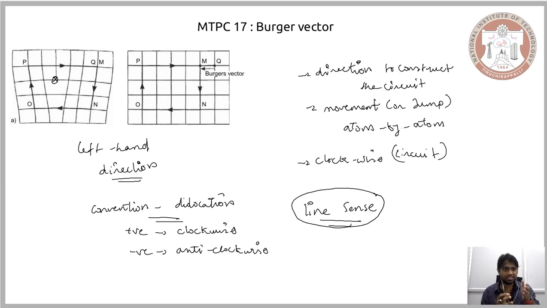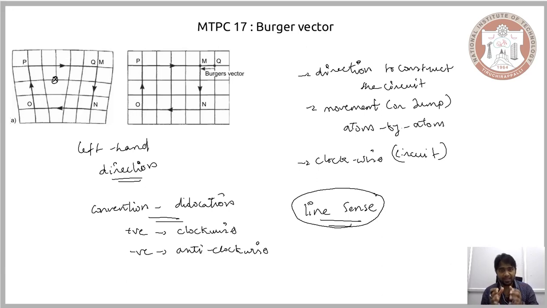If you have an extra layer of atoms above the dislocation line, that is the positive edge dislocation, you would assign a particular convention, and in case of the negative edge dislocation, the convention would render an opposite path. Supposing according to the convention for positive edge dislocation you assign a clockwise path, in case of the negative edge dislocation, when you find such a dislocation in your system, then you have to follow the anti-clockwise path when you construct the Burgers circuit.